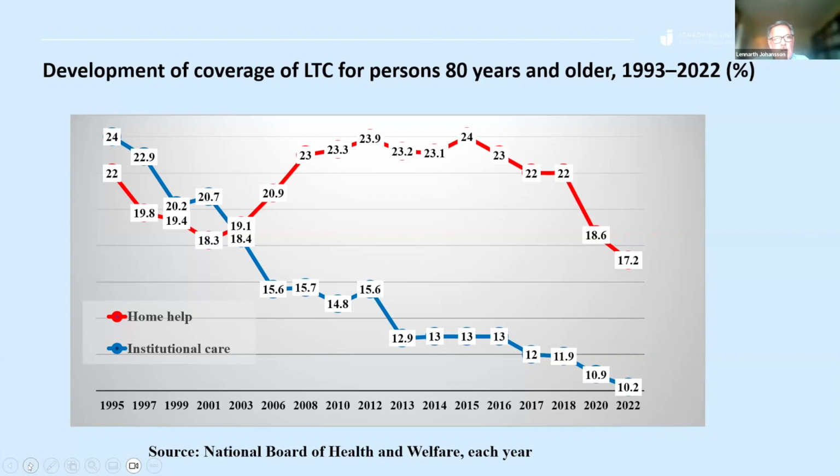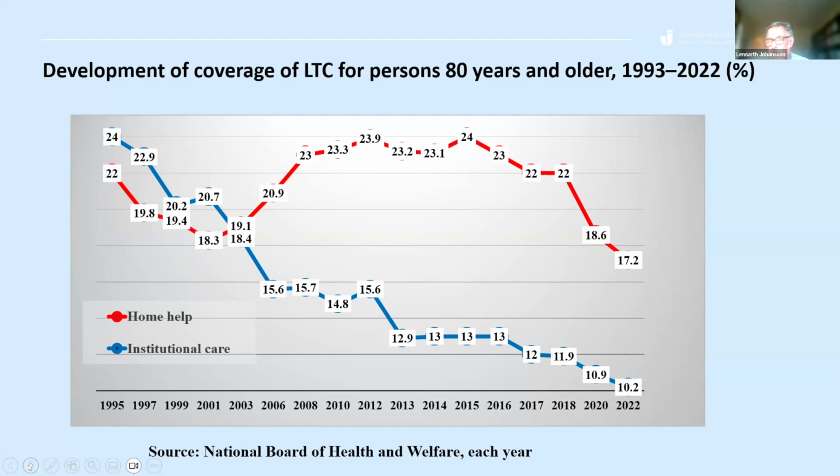This shows the provision of service in terms of coverage ratio for persons 80 years and older from 1993 to 2022. As you can see, the blue curve illustrates how institutional care has been reduced from 1993 to 2022, from 24% to 17% something. That is a relative reduction of one third.